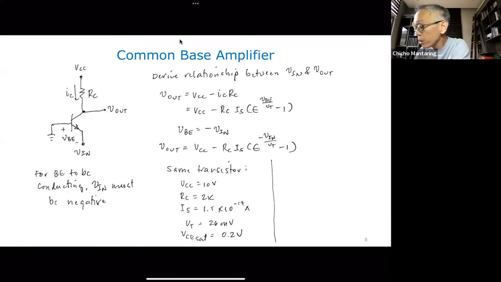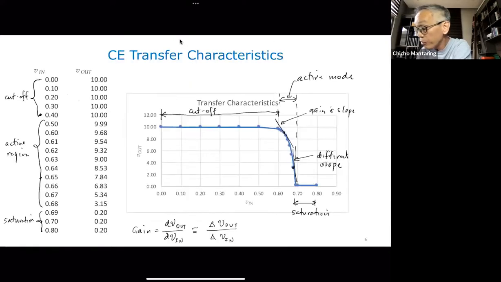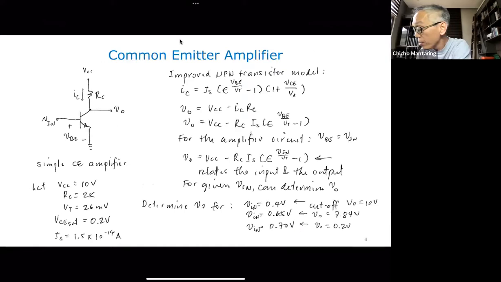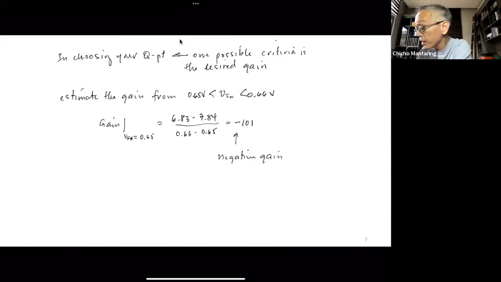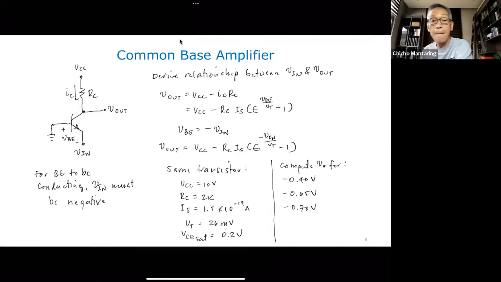Let's compute V out for three values. Let's start with negative 0.4 volts, then negative 0.65 volts, and then negative 0.70 volts. Whatever we did here for the common emitter with the positive VIN, we'll do here for the common base with negative VIN.